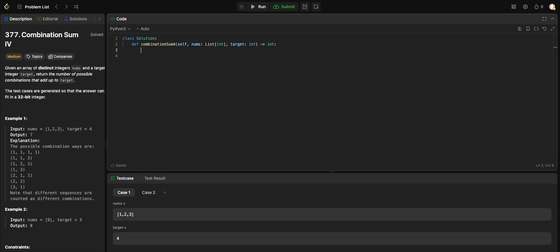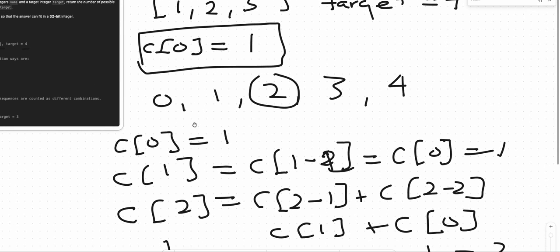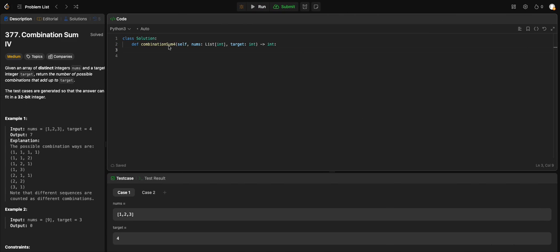First, let's build C from 0 to 4. Let's call it cache. The cache will be initialized at 0 times target plus 1.